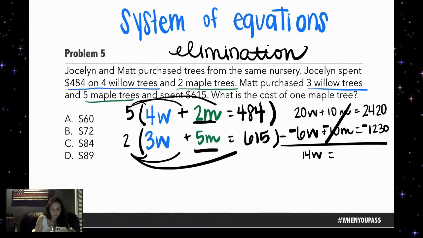Equals 1,190. Divide both sides by 14. And W equals 85.